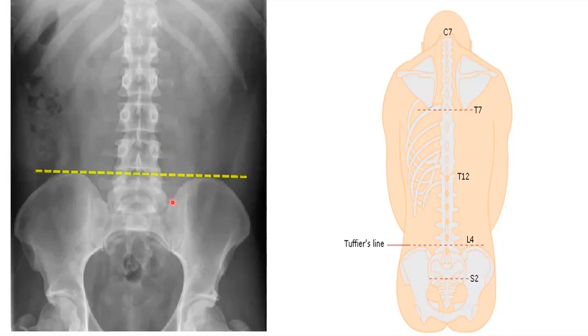This was originally described by Tuffier in the 1900s, and it was originally a radiological description. As one can imagine, it can be particularly difficult to palpate the iliac crest in a patient who is obese.